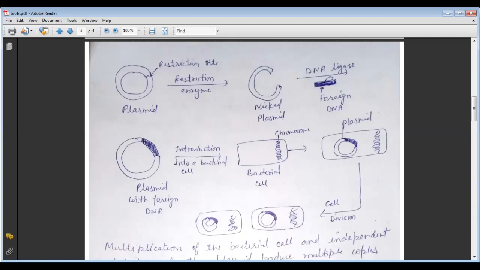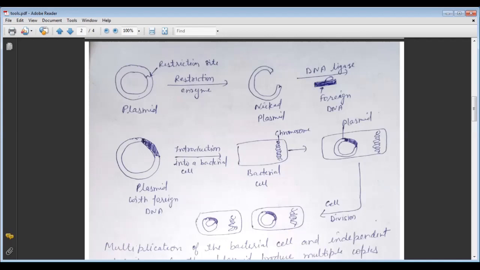And then the DNA ligase, that is the glue, will join this with the foreign DNA. So the DNA ligase, and this part is called the foreign DNA. So now there's the formation of the plasmid with the foreign DNA. Okay, it got added together, so the plasmid is with foreign DNA.